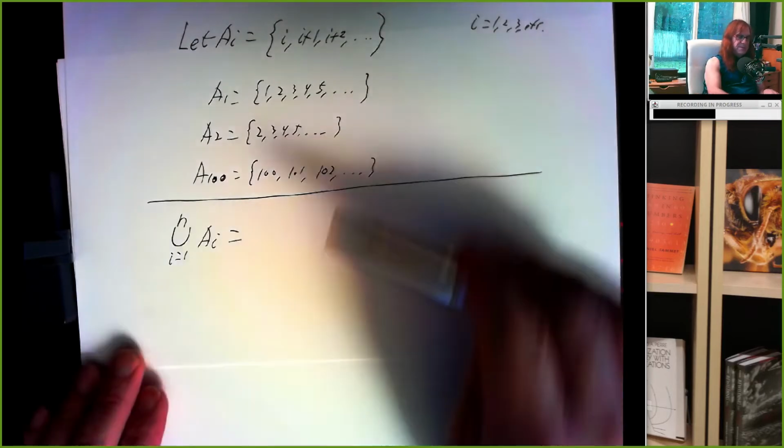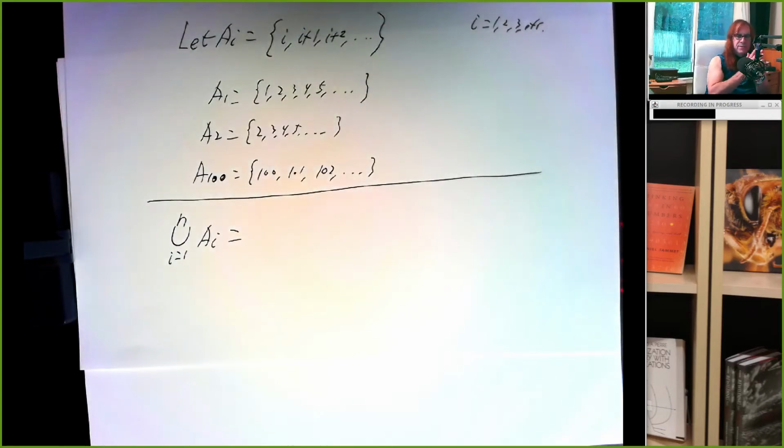So what if I union the first n of these sets? This is normally a problem I'd have people standing in front of a board in groups working on. Not going to happen this year, but thankfully. Yeah, well, no, it's a good exercise to work on, and it's fun to work on it in groups.